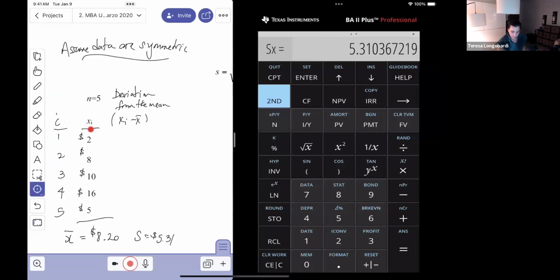So you have to take the value here minus the mean.